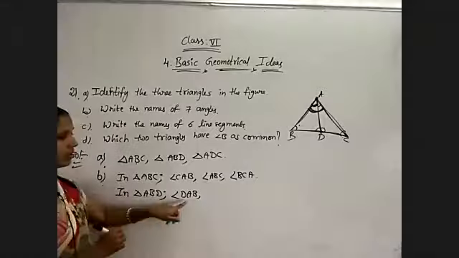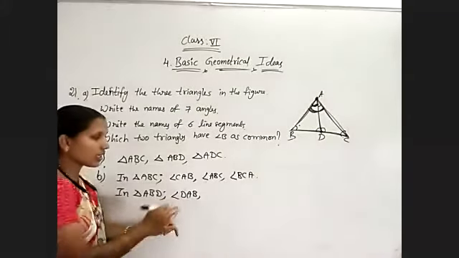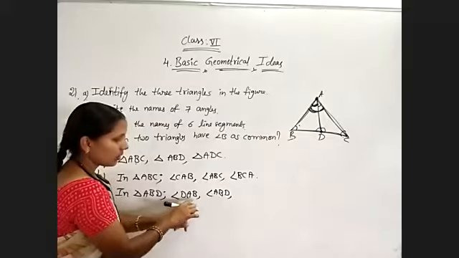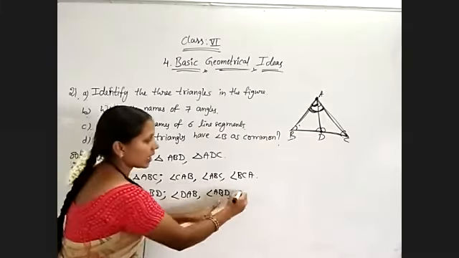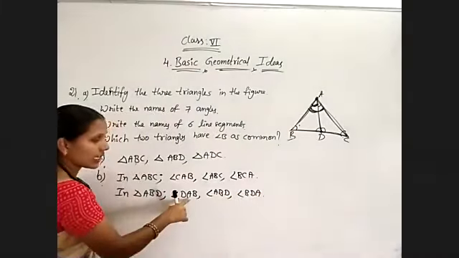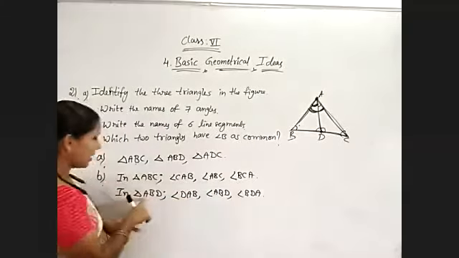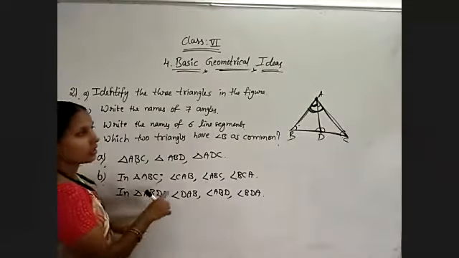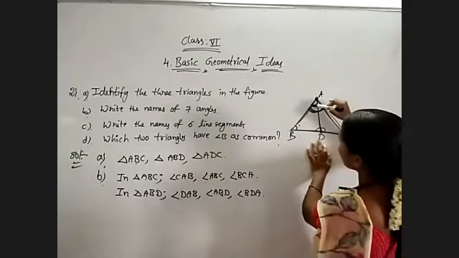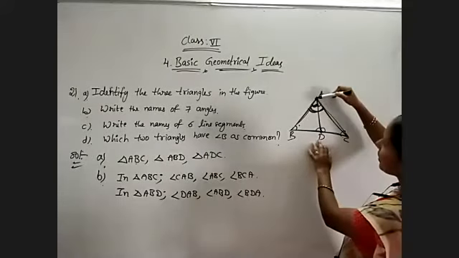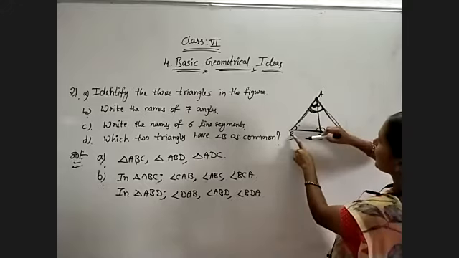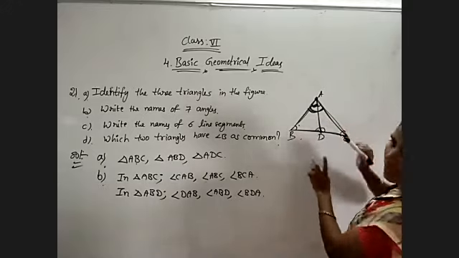Next angle, second letter, ABD. And now BDA. What are the angles you see? Angle A, angle B, angle D. Observe how I wrote: DAB, this angle, then ABD, this angle, then BDA, this angle.